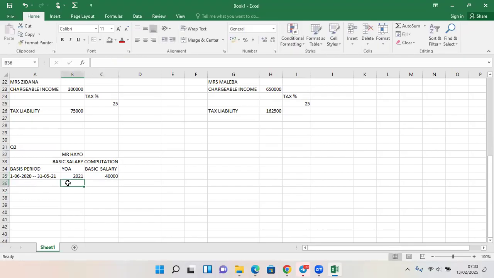Then 2022, I can just copy this, then change it to 21, then change it to 22. And this is going to be 44,123.